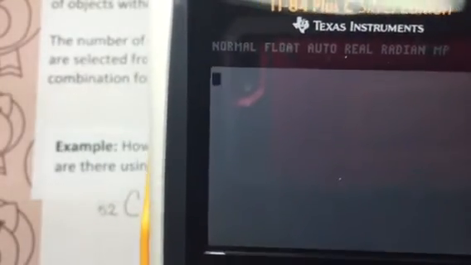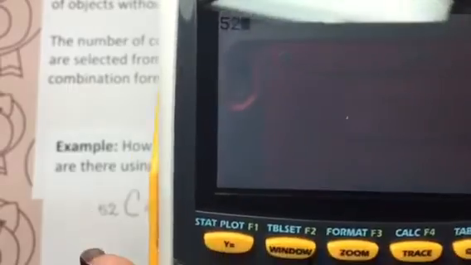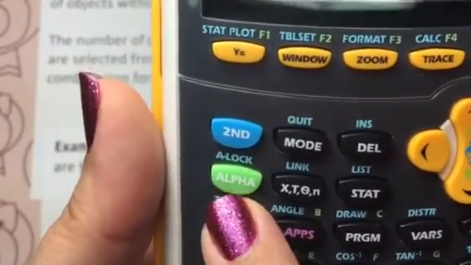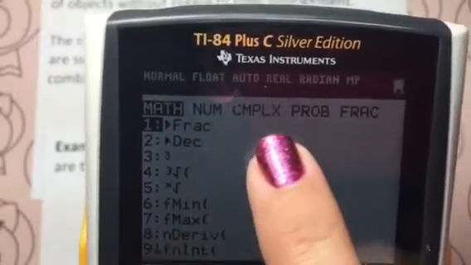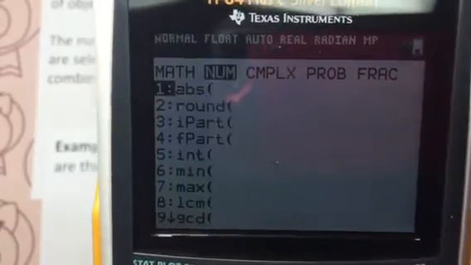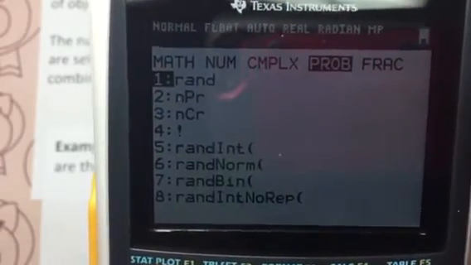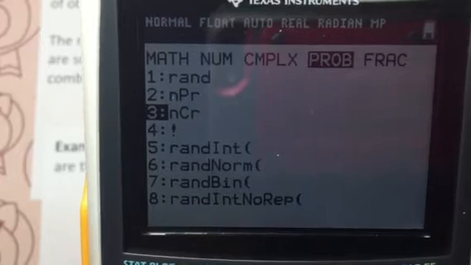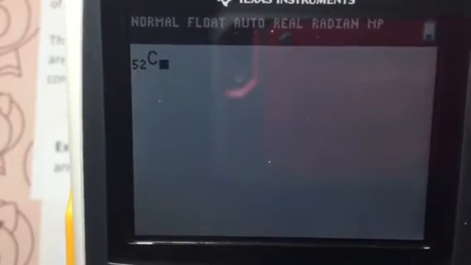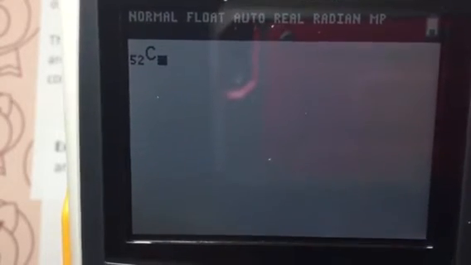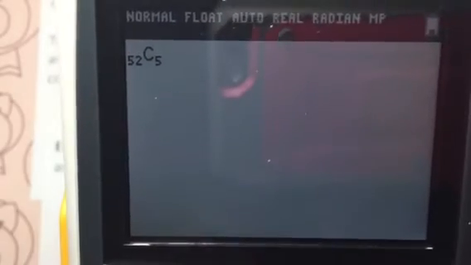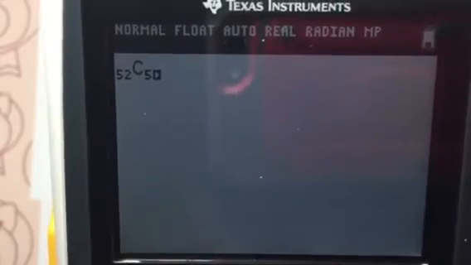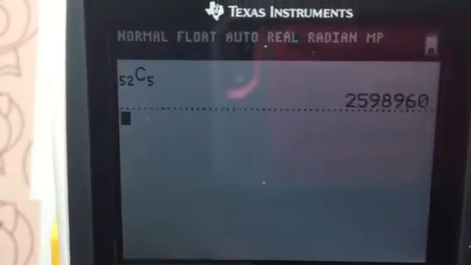Again, it's 52C5. So I'm going to type in 52, Math, and I'm going to go to Probability. Look at number 3, C. So I want 52, and I want combinations 5 at a time, right? I've got a 52-card deck. I want to pick a 5-card hand.